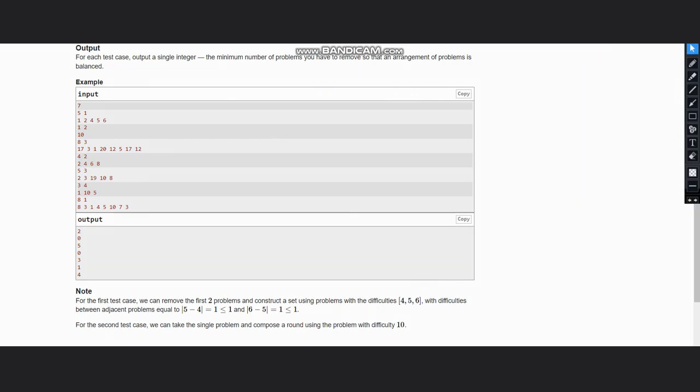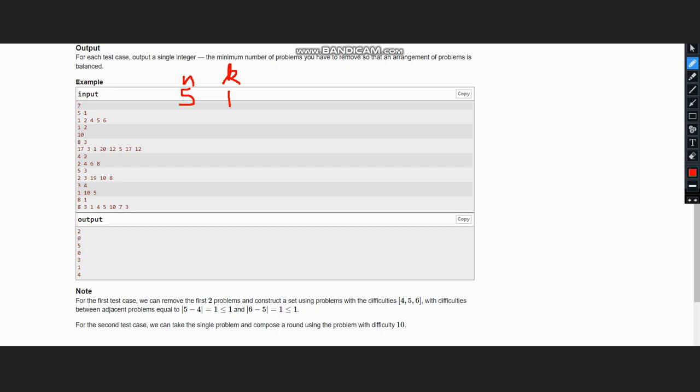So let's look at the first example. For the first example, we have n is 5. Let's first write n and k. So n is 5 and k is 1, and then we have the list as 1, 2, 4, 5, 6.